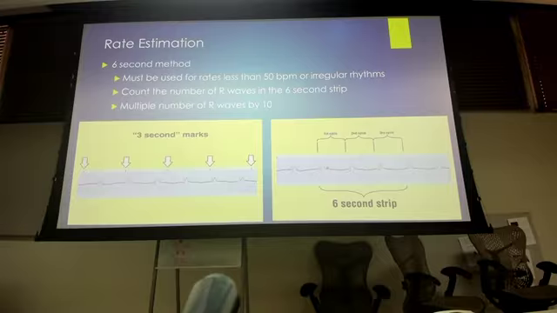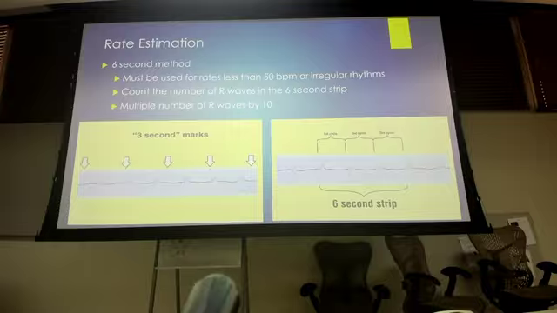On the ECG there usually will be little marks. Like on our ECGs at BMC, we have a little star, and these little stars tell you that that is a 3-second strip. So you have 1 star, 2 stars, 3 stars: this is your first 3 seconds, this is your next 3 seconds. It gives you a 6-second area that you use to determine the rate.